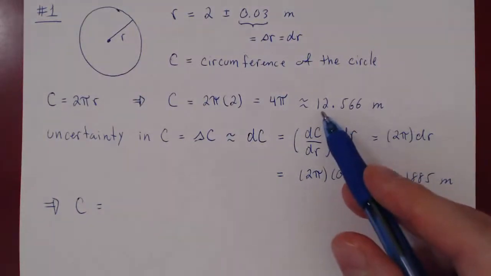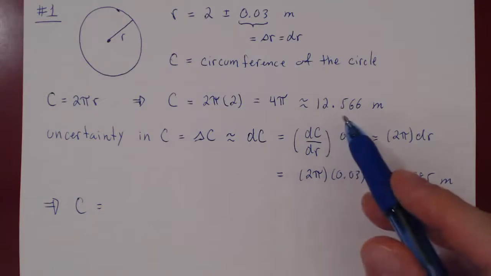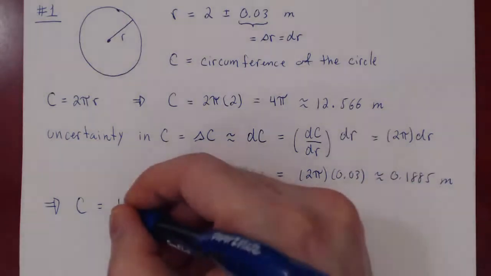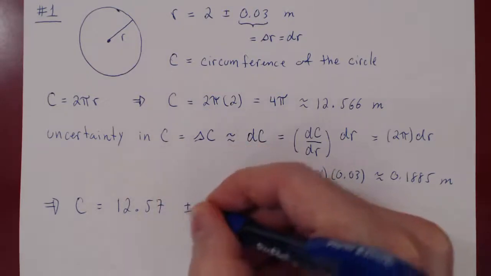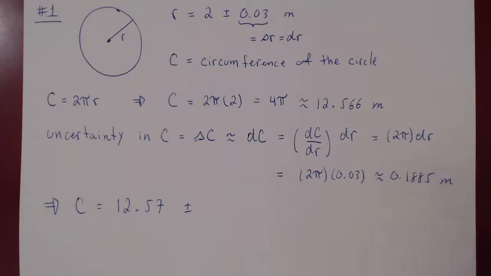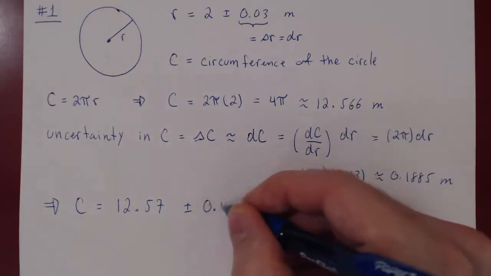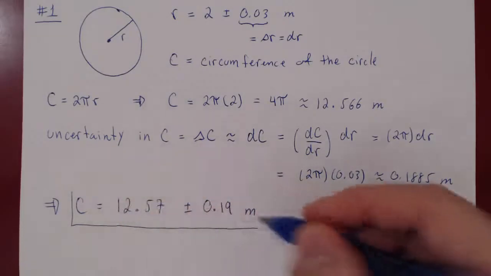So we can say the circumference is approximately 12.57 meters, plus or minus. On uncertainty, you could round up here, say to 0.19, so 0.19 meters. And that is our final answer.